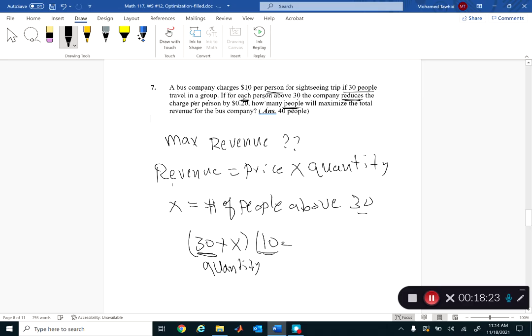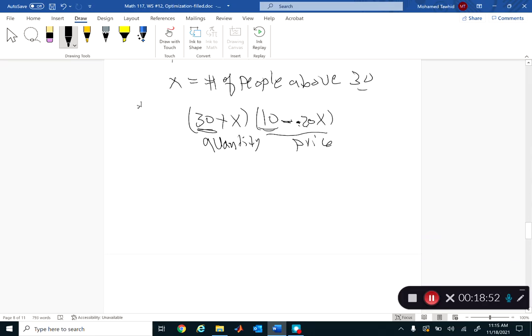And after that, if you go above 30, it will be reduced, minus 20 cents, 0.20 multiplied by x, and that gives you the price. So $10 is for 30 people. If you go above this, then you reduce by 20 cents. So that is our revenue here, guys.